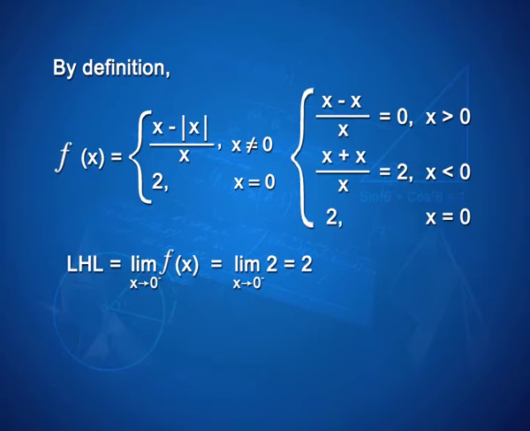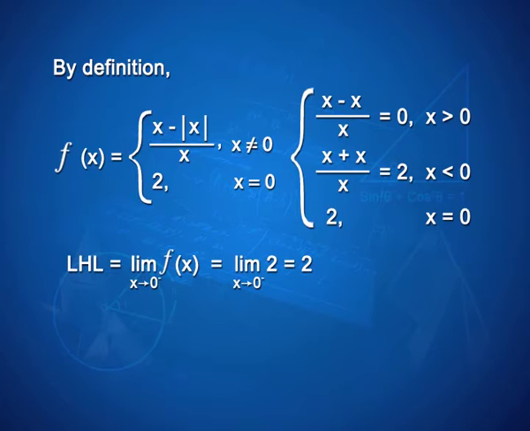The left hand limit at x equal to 0 is given as the limit of f(x) as x tends to 0 from its lesser side. That is denoted by 0 with a little negative marked as superscript there. What is this going to be the same as?